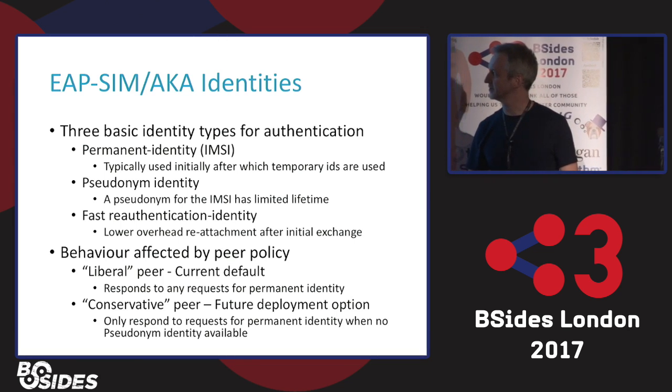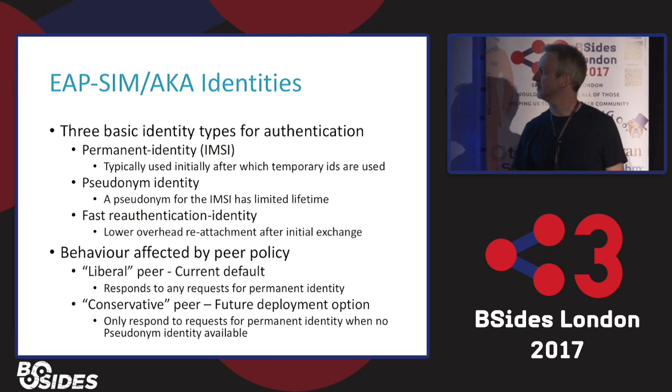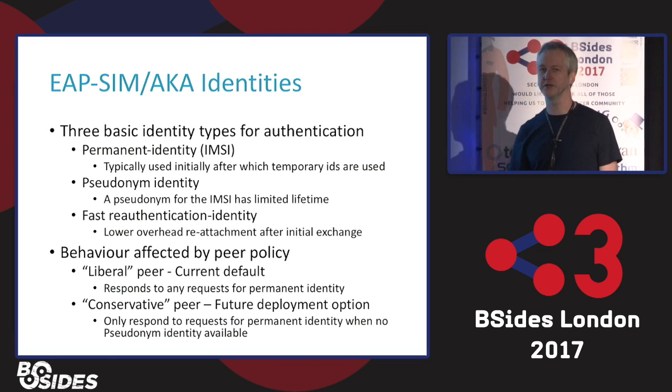And then there's a third identity called the pseudonym identity, which can be a pseudonym for the IMSI and has a limited lifespan. So when you send it over the wire, you're not sending the real IMSI.